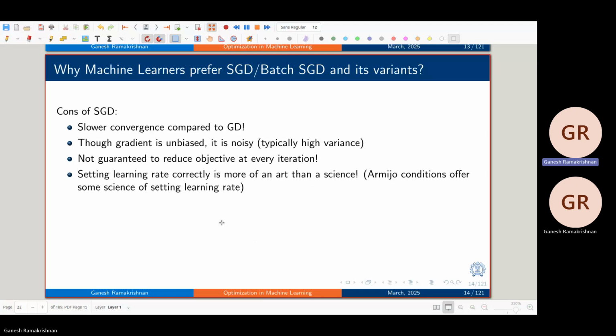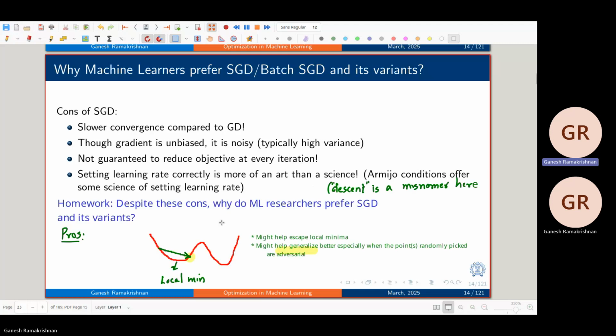So at each iteration, the objective is not guaranteed to reduce. And finally, now we get into learning rate problems. Learning rate becomes even more challenging. In fact, that's the motivation for the next part of our presentation. We want to do something more intelligent with learning rates, especially given we are stochastic. Learning rate is going to become trickier, right? So you need to give some thought, right?